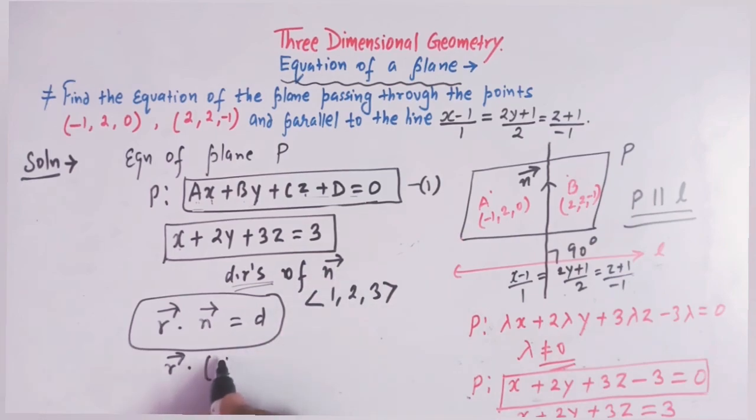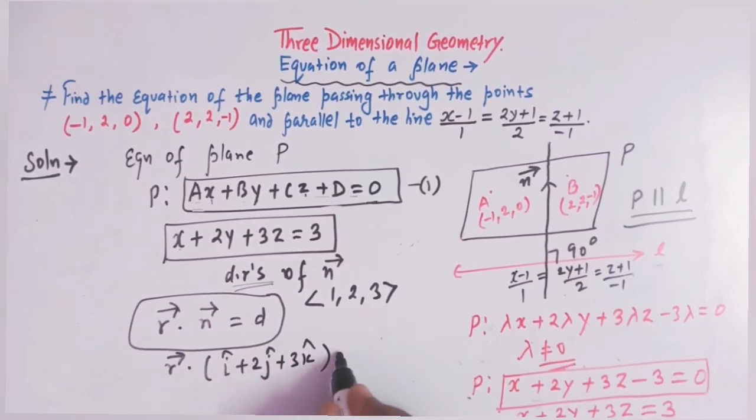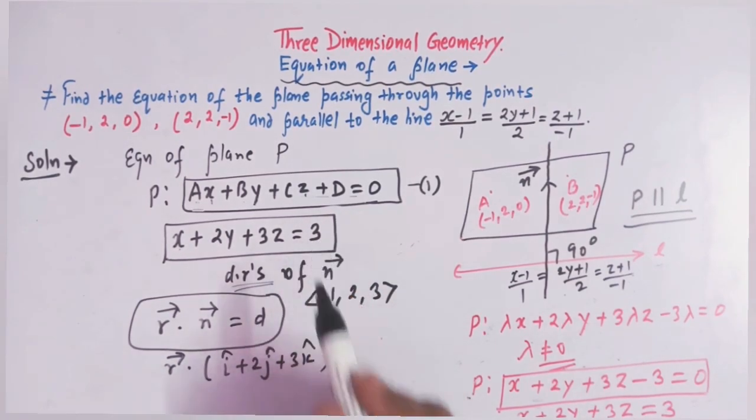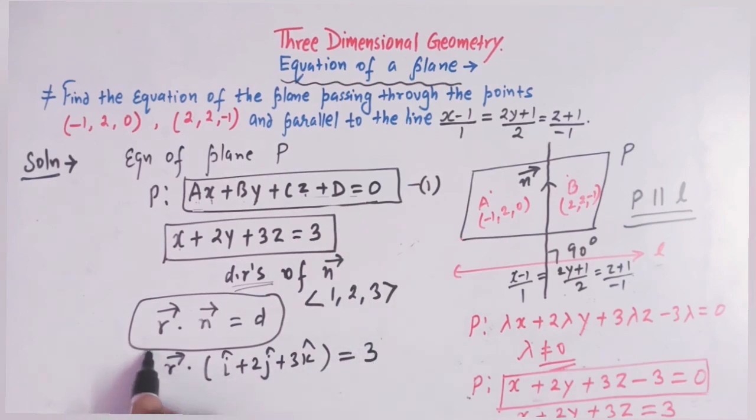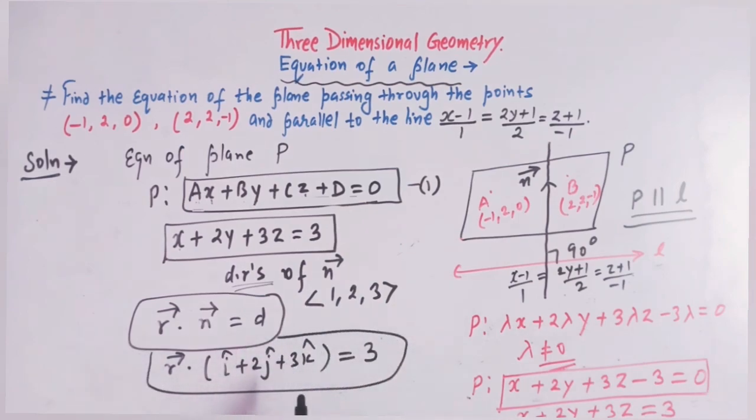So we can write i cap plus 2j cap plus 3k cap, and that is equal to 3, right? So this is the vector equation of this plane P, right?